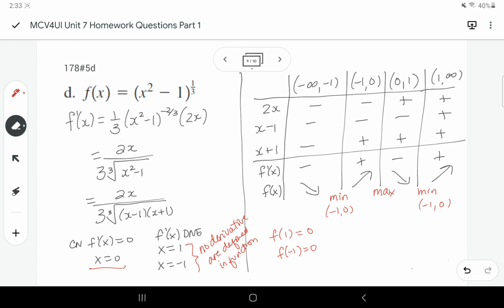Oh gosh, you know what? I need to double check what I did here. So this is going to be 1 and -1. I'm actually getting that this is still negative and this is still positive.